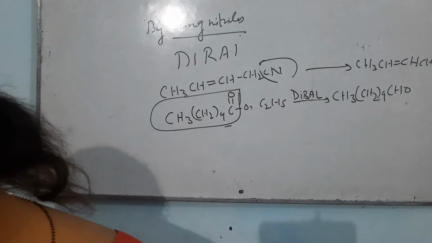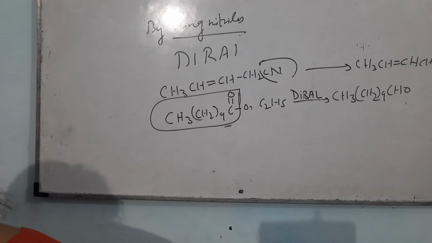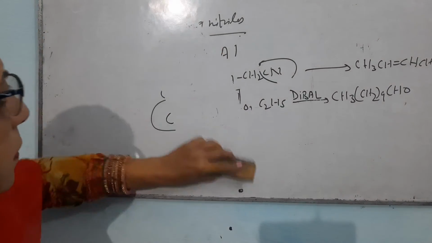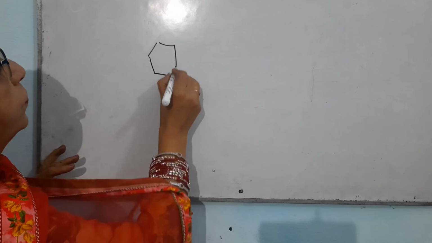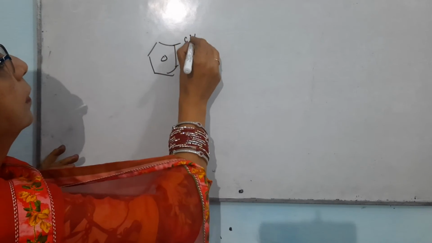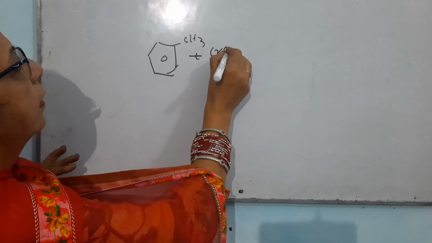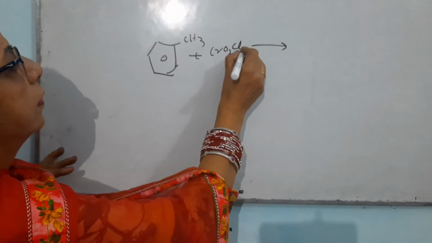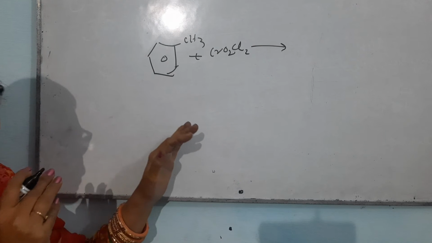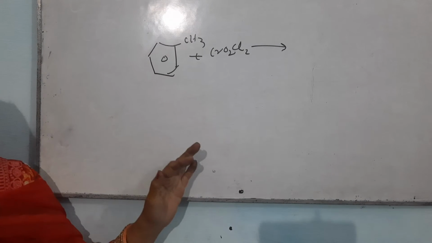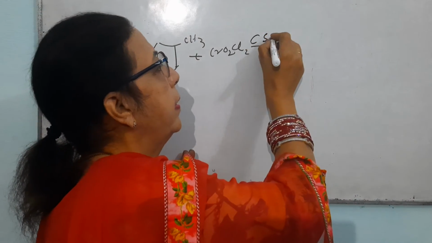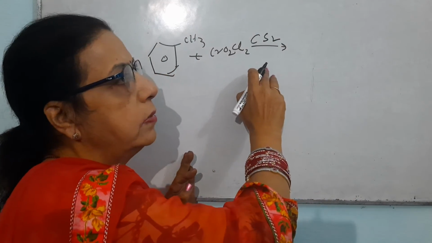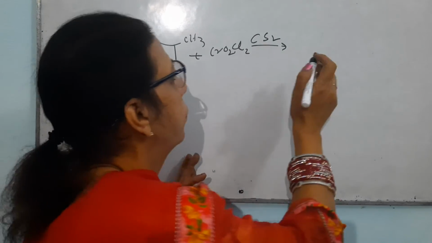The first method is by using chromyl chloride. It is the reaction of toluene with CrO2Cl2. This reaction takes place either in the presence of CS2 or in the presence of CCl4.